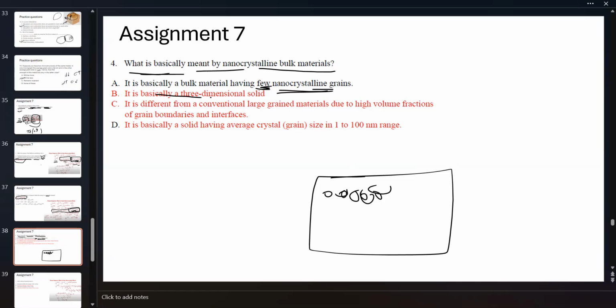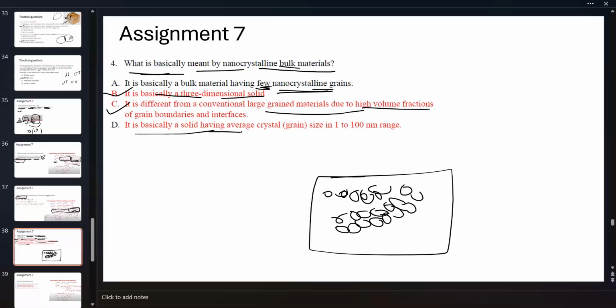It's basically a three-dimensional solid, since it's bulk. It is different from conventional large grain material due to large volume fractions of grain boundary. Since you have lots of crystallites in the nanometer range, there will be a lot of grain boundaries.